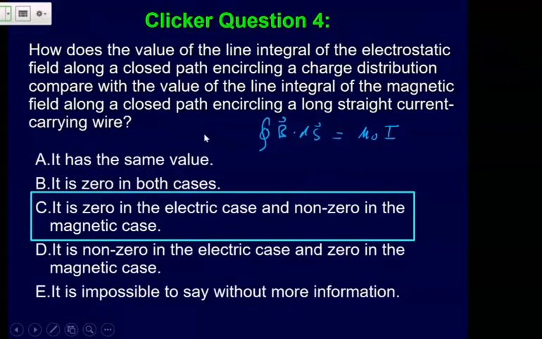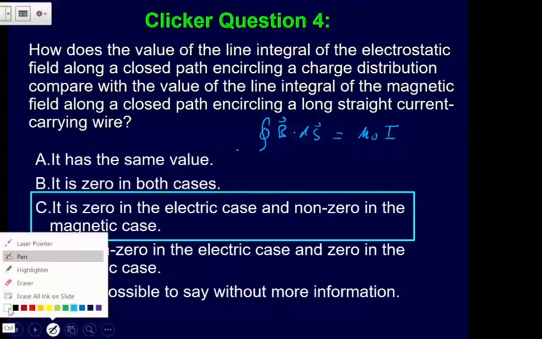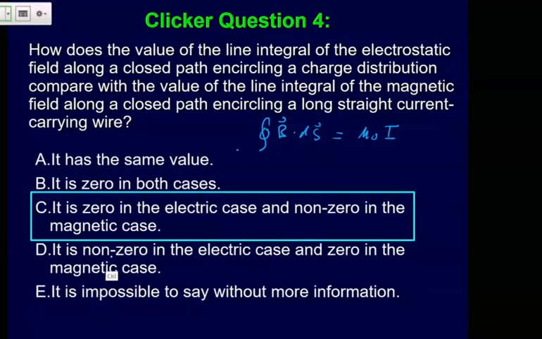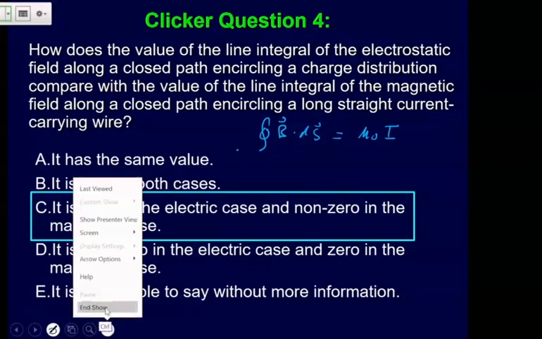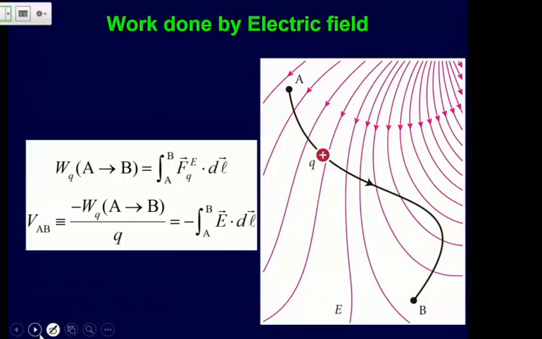And so let's look at what this would be for the electric field. And for the electric field, if you remember, we've talked about this a little bit. Okay, so here, if you remember, we sort of discussed stuff like this when we talked about the electric field, but it's been a while.